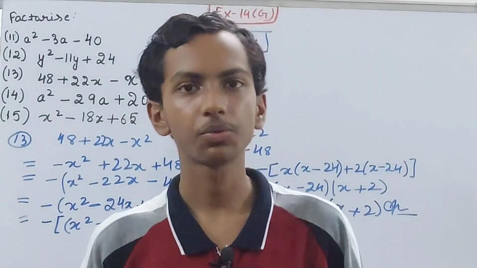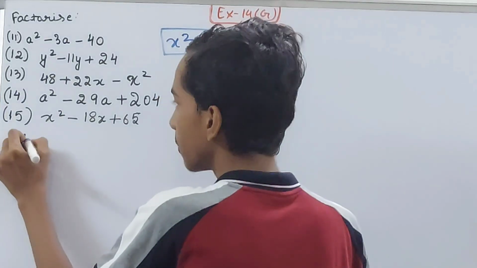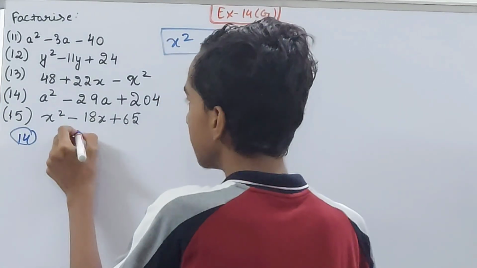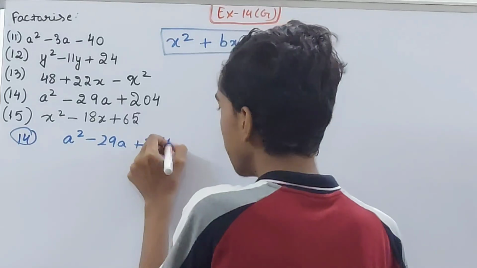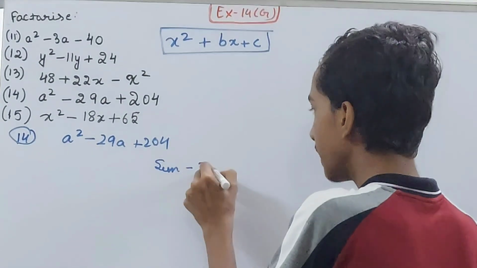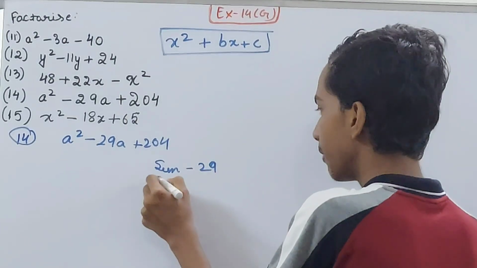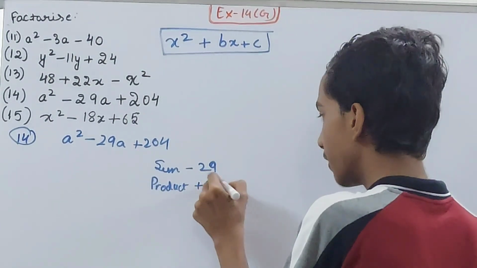Now let's move on to the next question. Now in the 14th question, what have we got? a square minus 29a plus 204. Now directly we want the sum to be minus 29 and we want the product of this to be plus 204.